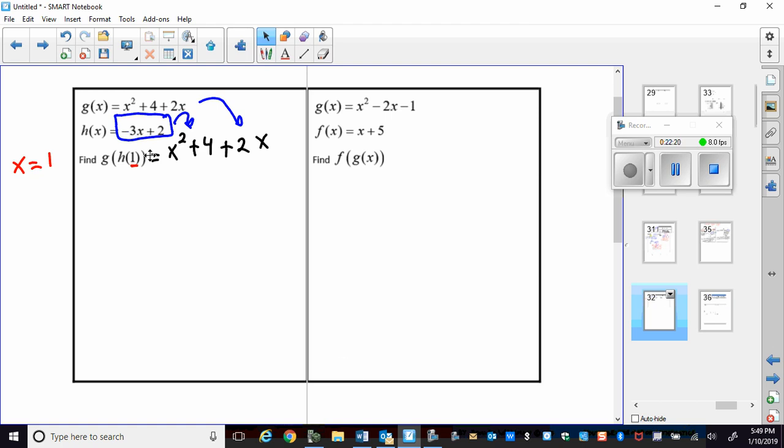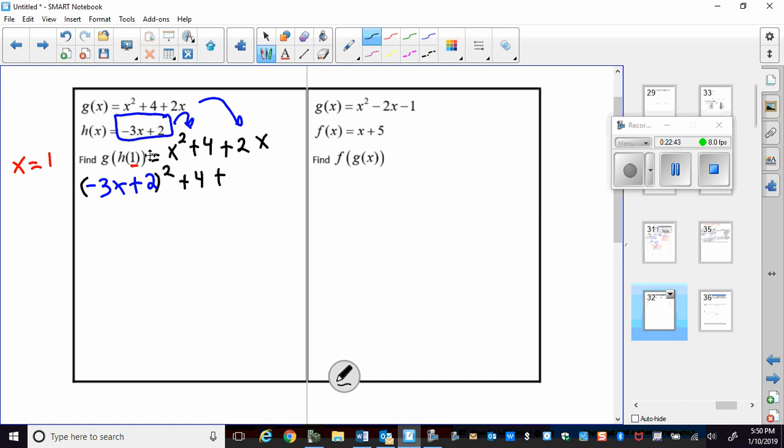So I have, replacing this x squared, I'm going to write h inside. That's negative 3x plus 2, and it's squared, plus 4 plus 2 parentheses. We look at h and we plug it in. It's negative 3x plus 2, right?